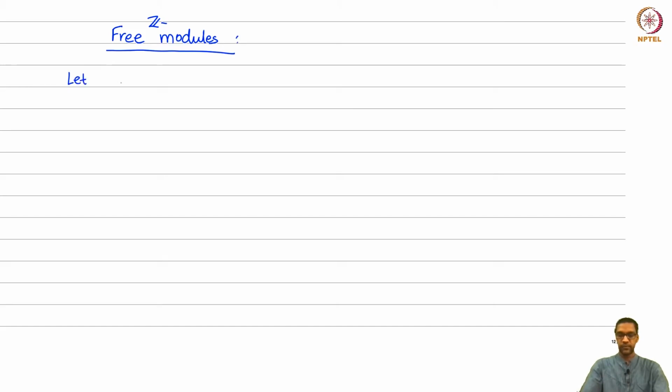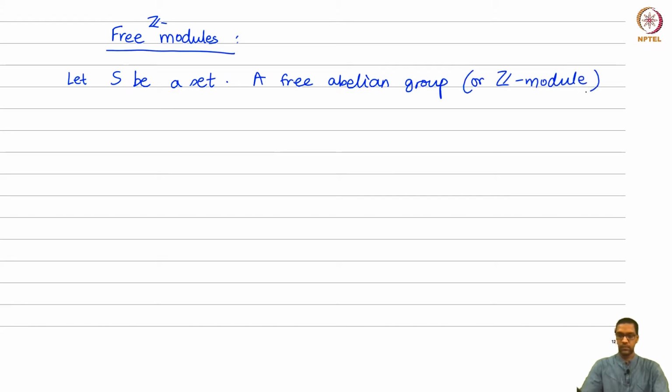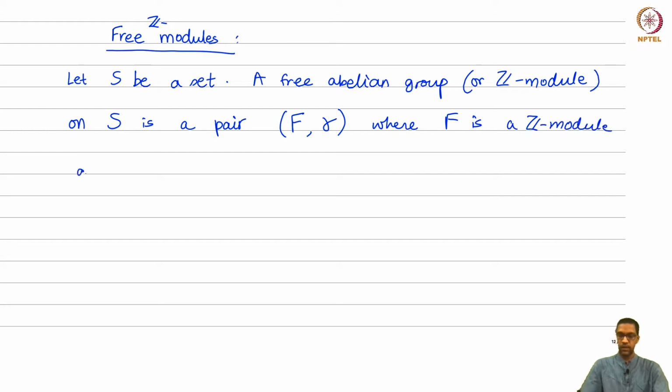Given a set S, let me define it like this: a free abelian group or Z module on S is again a pair F comma gamma, where F is a Z module and gamma is a map from S to F, just a map of sets, just a function, with the additional property such that the following universal property holds.